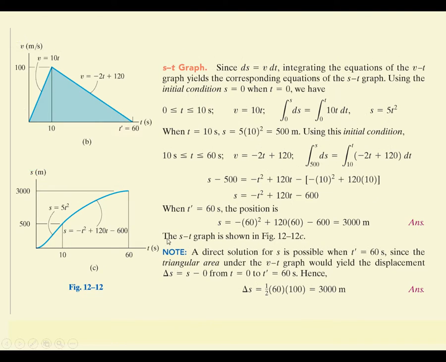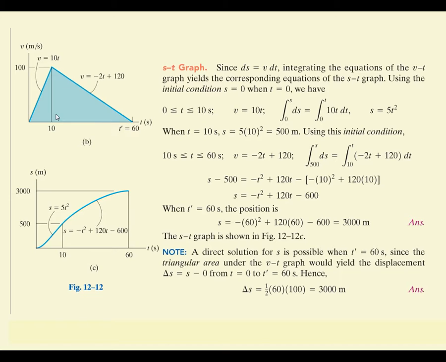Does anybody have some question? No. This is of course the other graph that we were talking about. The s-t graph is the position versus time. So ds equals v dt. In this case, if we know the velocity diagram, we should be able to know the position diagram because we can integrate.